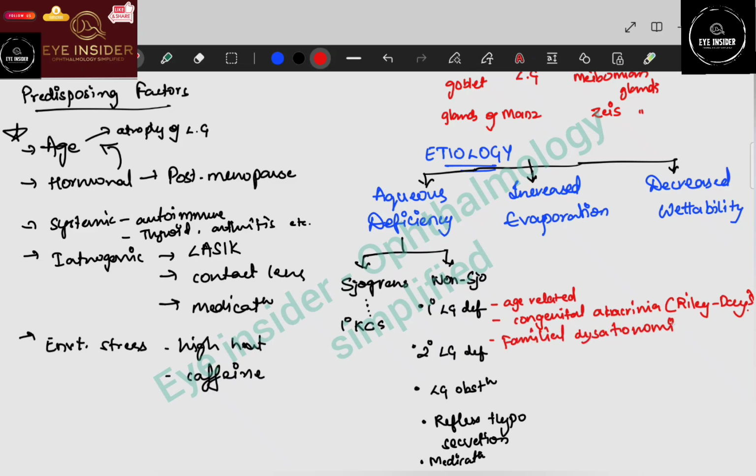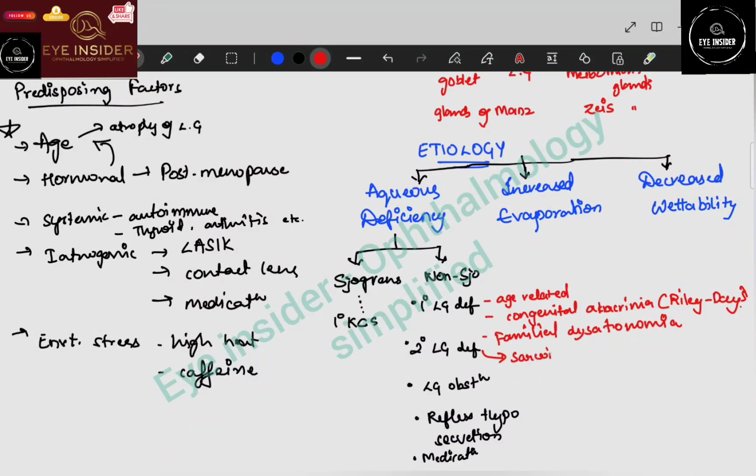Secondary lacrimal gland deficiencies can occur due to sarcoidosis, amyloidosis, trachoma, tumors of the lacrimal gland, and post-radiation. Lacrimal gland obstruction can occur in ocular cicatricial pemphigoid, Stevens-Johnson syndrome, and burns.